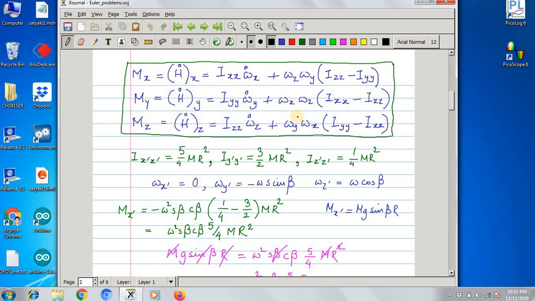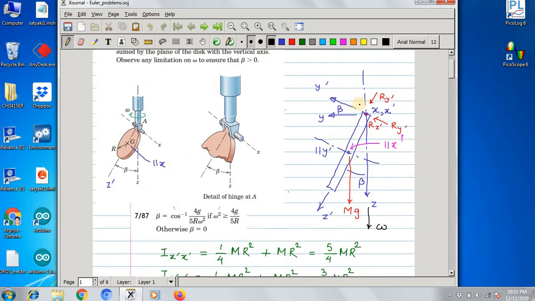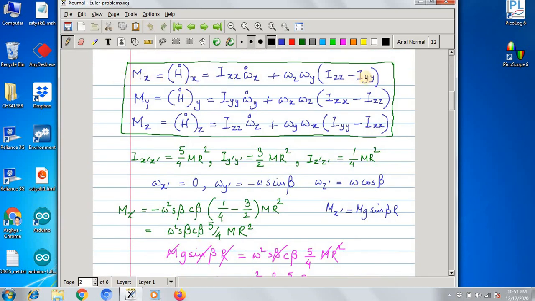So this equation's right hand side is 0, and for this equation also the right hand side is 0, and this moment is actually about the x-axis. So we are interested in the first equation.